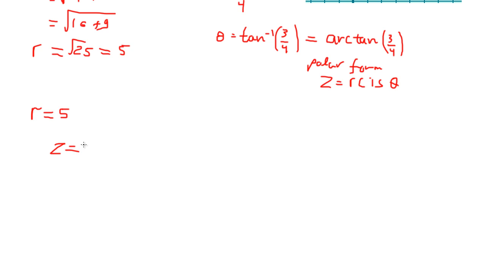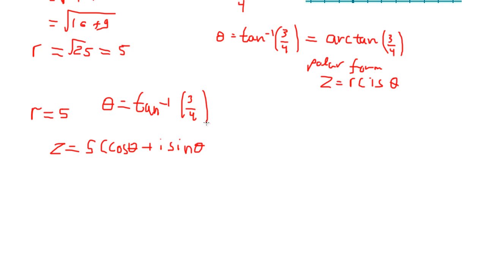z will be equal to 5 cos theta plus i sine theta. So theta is inverse tan 3/4, which if you put it in your calculator you get 36.87 to 2 decimal places.